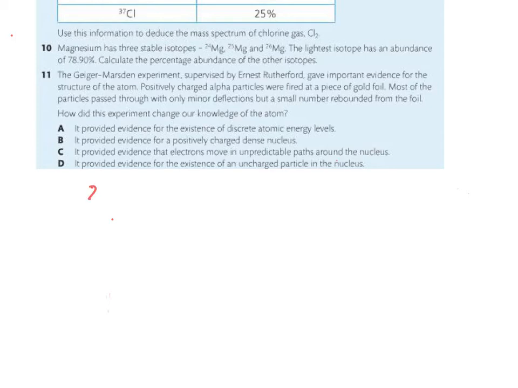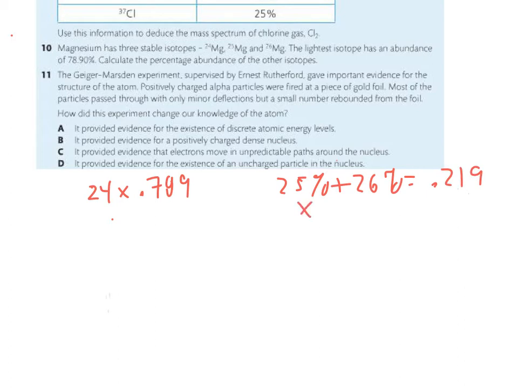Well, what that means is if the 24 has an abundance of 0.789, then the percent of 25 and the percent of 26 are going to be the other 0.219, or I can do it like I did before. If I assume this is X amount, then this would be 0.219 minus X, and I can use those abundances to plug in with this.